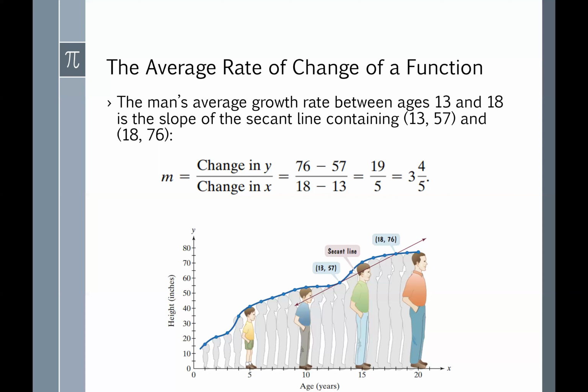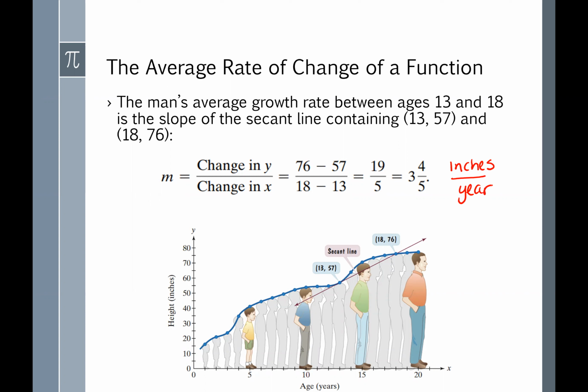But on average, in those 5 years, he grew 3 4/5 inch per year. So this is an average rate of change of this guy's height versus his age. All right, so on average, he grew 3 4/5 inches per year.